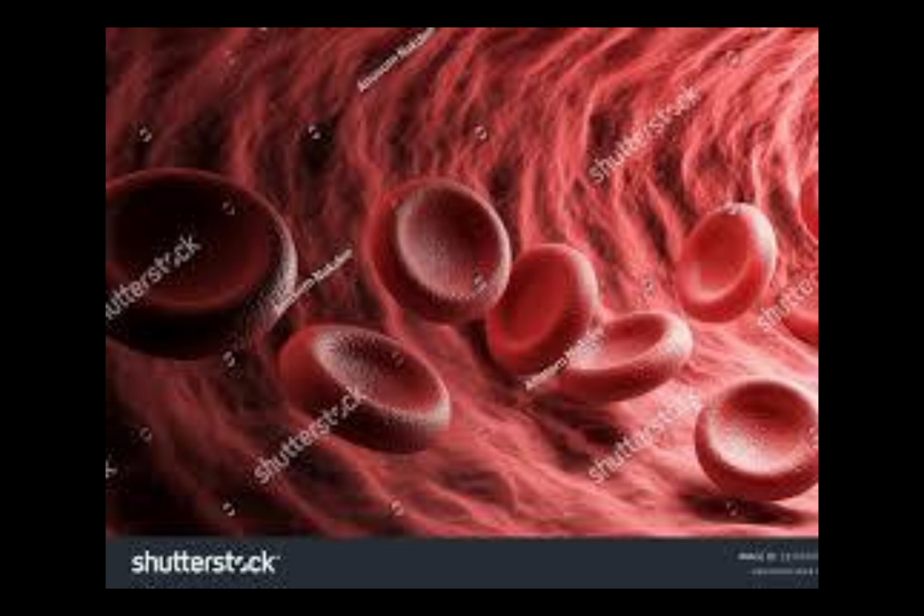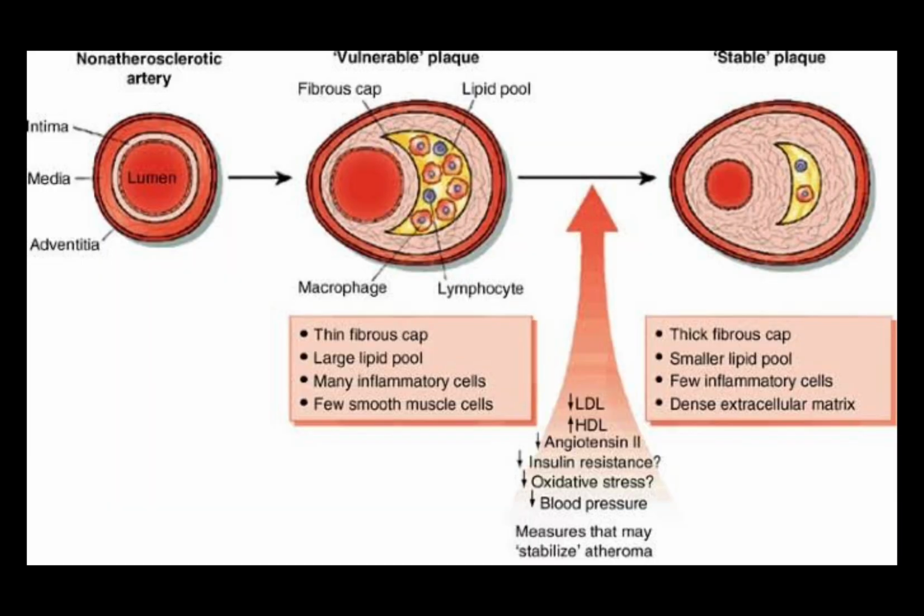Then another important topic is atherosclerosis. Usually it is a very complex process, but as far as the MRCP 1 exam is concerned, I will discuss just 3 steps. In the first step, there is injury to the blood vessel because of turbulent flow of blood. As a result, the monocytes get differentiated into macrophages.